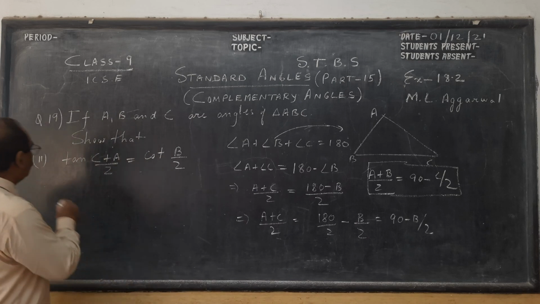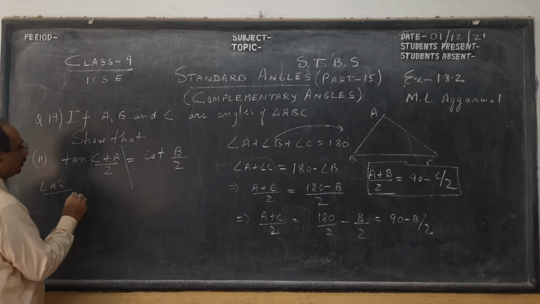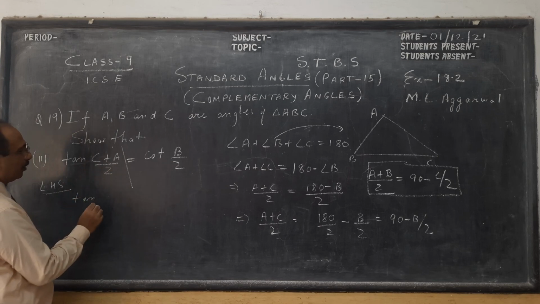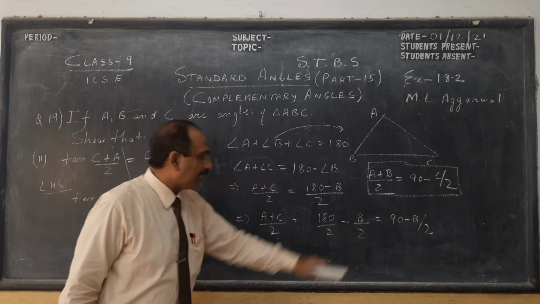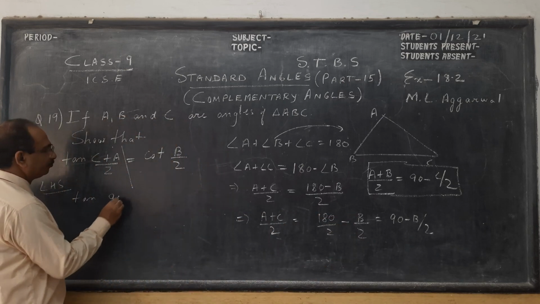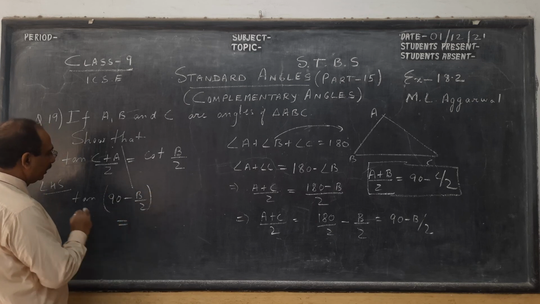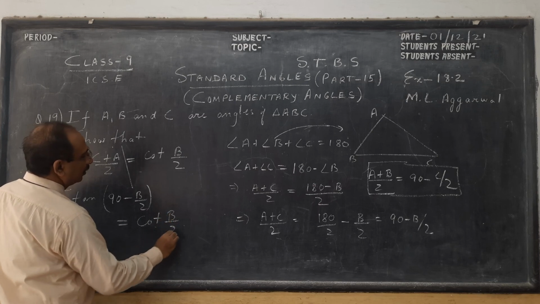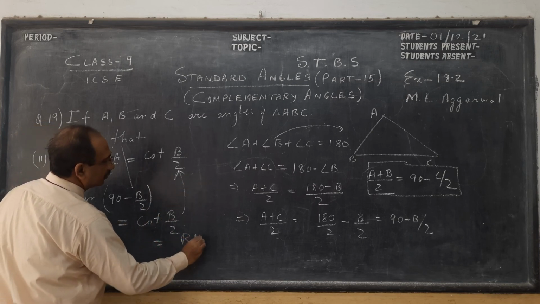So what we do here, again I start with LHS and I'll show you it is equal to RHS. Tan of (C plus A) by 2, that is A plus C by 2, is 90 minus B by 2. And we know from the complementary angle property, tan 90 minus theta is cot theta, which is nothing but my RHS.